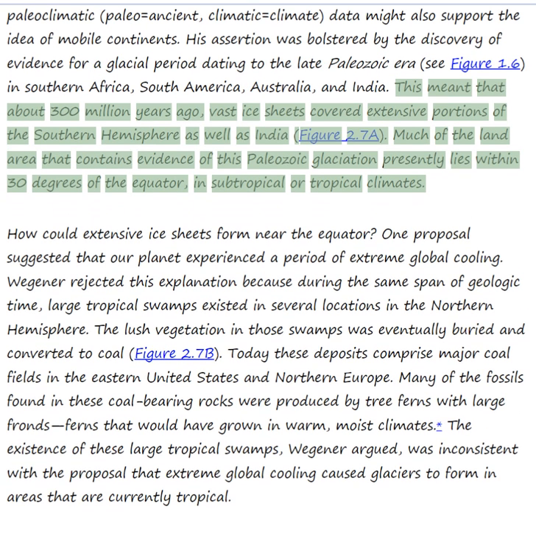This meant that about 300 million years ago, vast ice sheets covered extensive portions of the southern hemisphere as well as India. Much of the land area that contains evidence of this Paleozoic glaciation presently lies within 30 degrees of the equator, in subtropical or tropical climates.